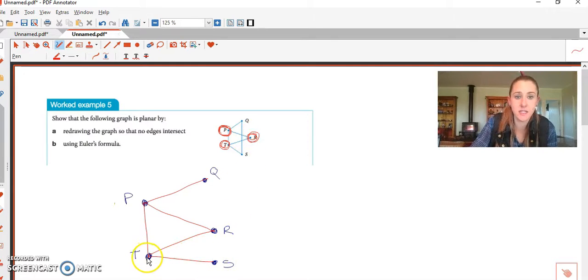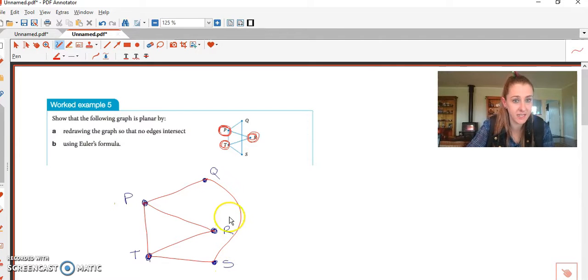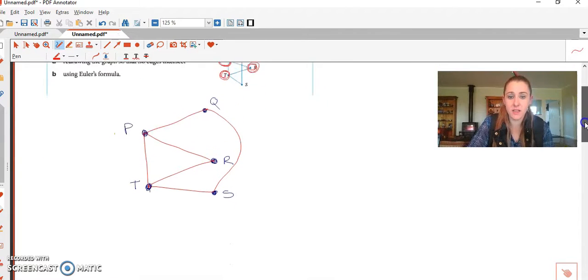Now S goes to T, but it also goes to Q. I can't run the edge inwards or straight across because it's going to run into these edges or this vertex R. So I'm going to make it an arch over the top, just like that. Edges can be curved, they can wiggle, they can go round different vertices as long as they're not intersecting, so that you can make it a planar graph. That's the redrawing there.